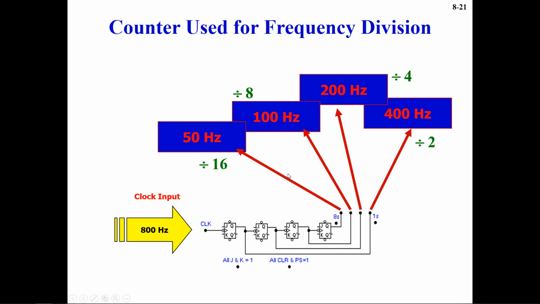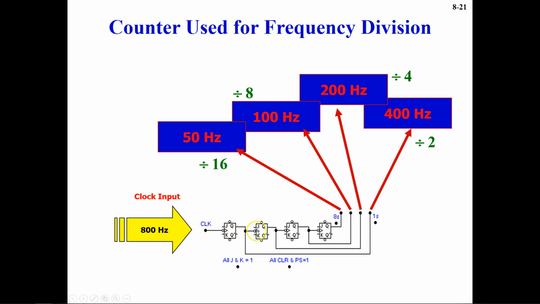The other way to understand it is that the 800 hertz clock, when going into the first flip-flop, provides f by 2, where f is the frequency. Each flip-flop basically provides an f by 2 frequency change.